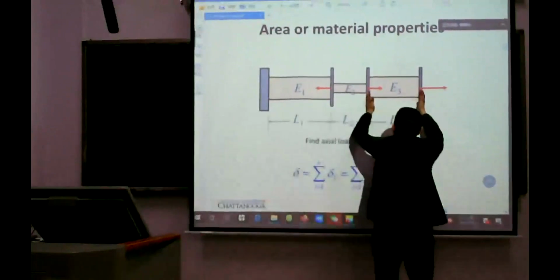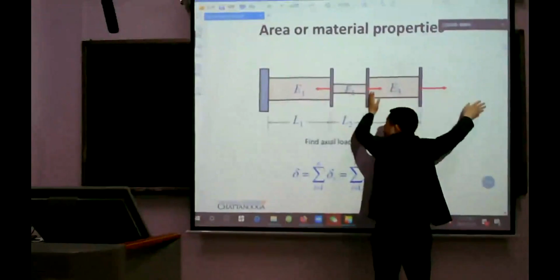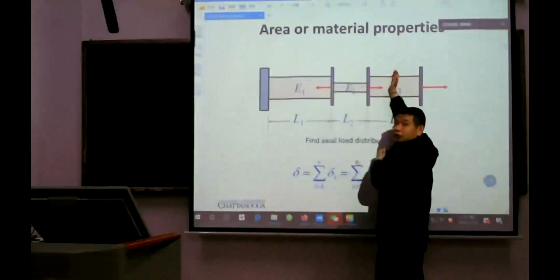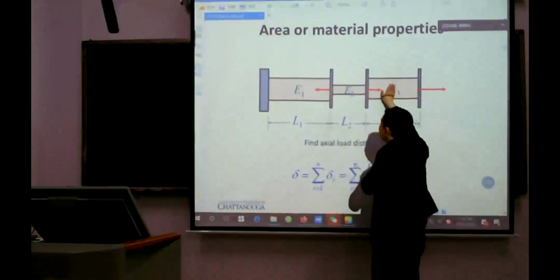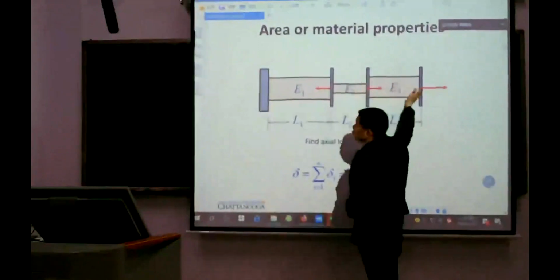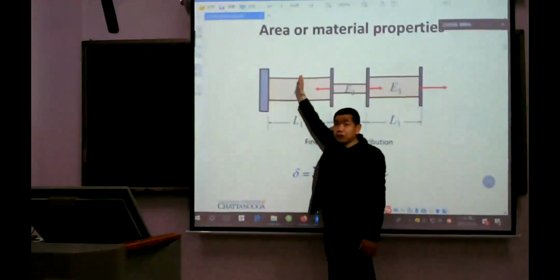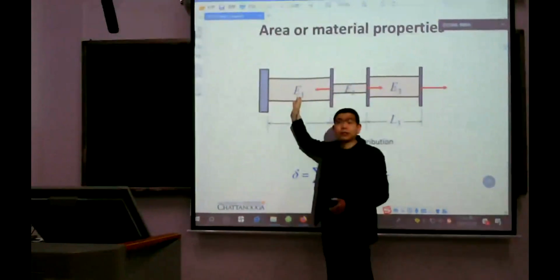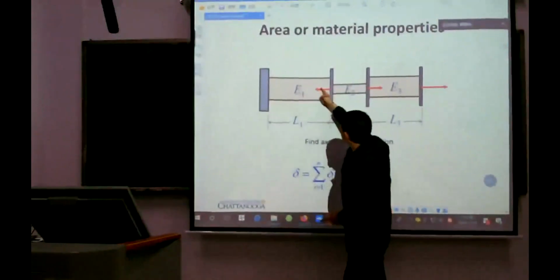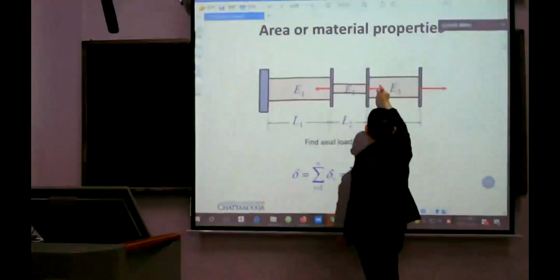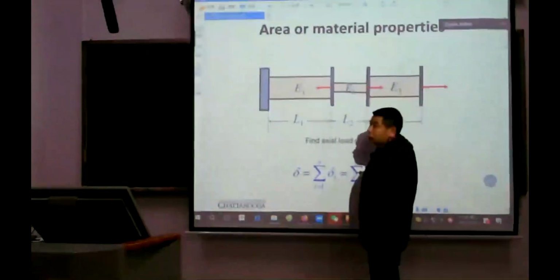This part is elongation, yes, no? So it's positive. This part is elongation because it is in tension. Maybe this part is in compression, if the force is more than the summation of the two forces.